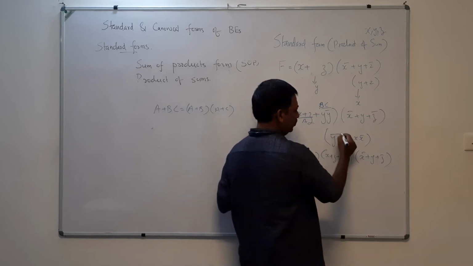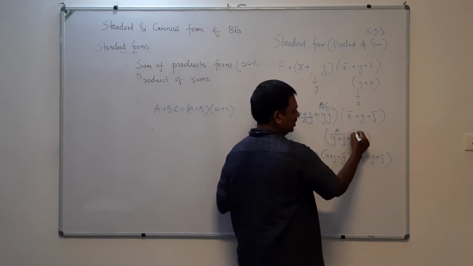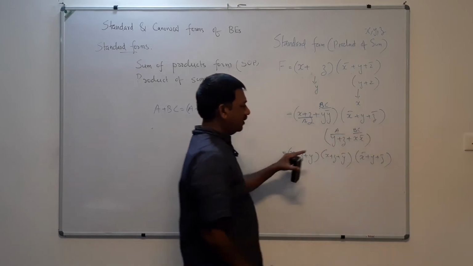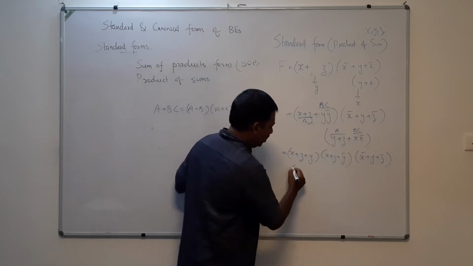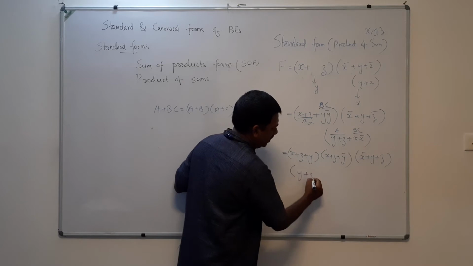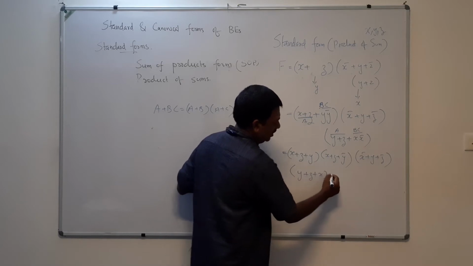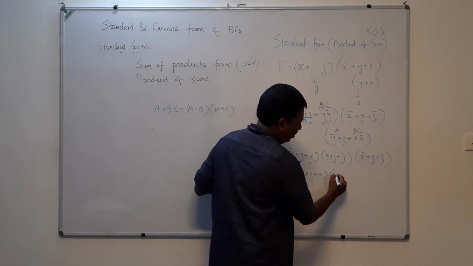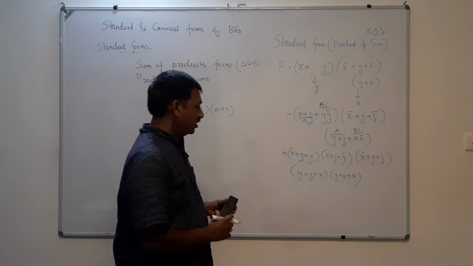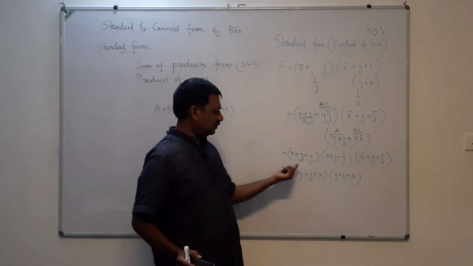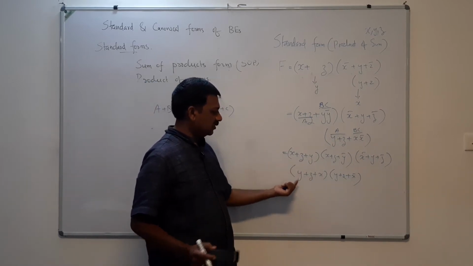Here again you have to take this as a and this as bc. Then a plus bc is equal to a plus b into a plus c. Now we have y plus z plus x into y plus z plus x bar. Okay. Now this is x plus y plus z, and this also is x plus y plus z.